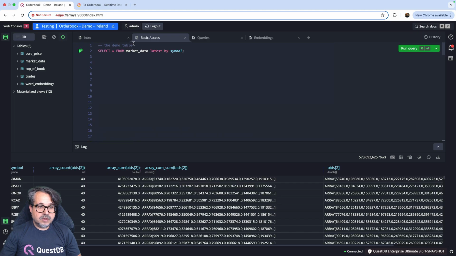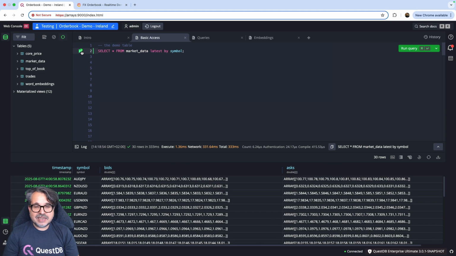So first things first, I have a market data table, a demo table. I ingested a few days of data here. I have only about 500 million rows, and I'm tracking 30 different price changes.